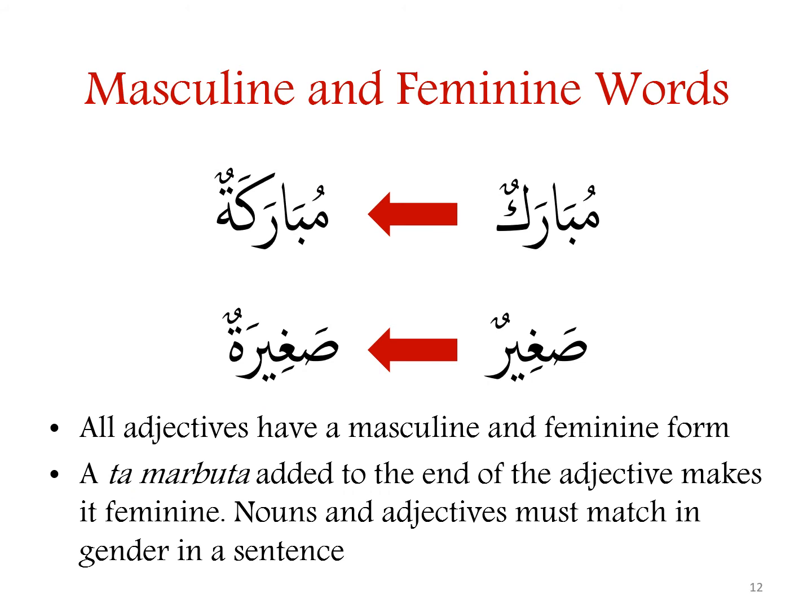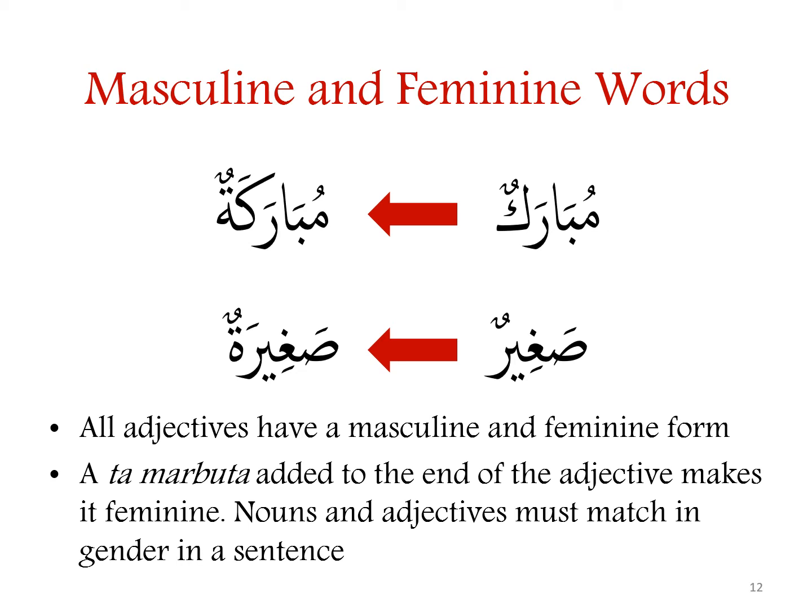So as I was explaining before, the word mubarakun, which means holy or blessed, can also be written as mubarakatun, and the same with saghirun, which can also be written as saghiratun. So these are all adjectives. How do we know they're adjectives? Because of the meanings, that they're describing words by meaning. And all adjectives have a masculine and a feminine form.